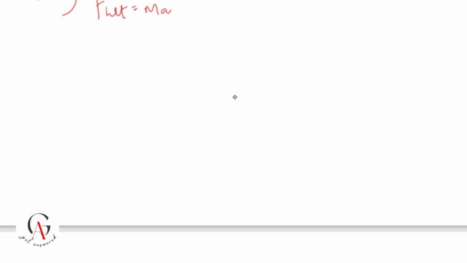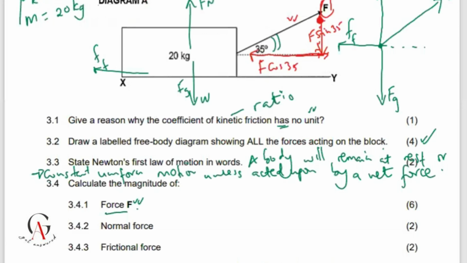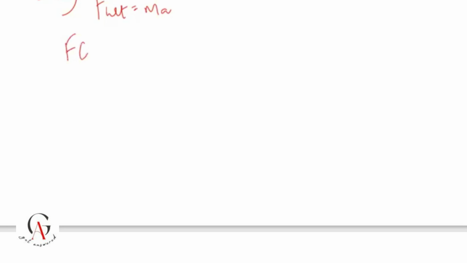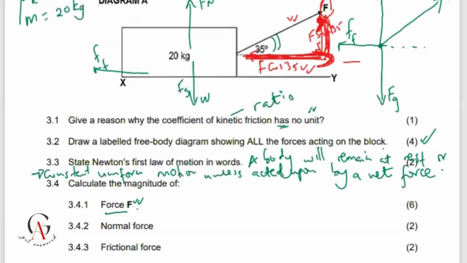Then if I focus on the horizontal forces, the direction is in this direction, not the other way around. This will be my leading applied force horizontally. So I'll have F cos 35 minus my frictional force, I'll call it Fk or Ff, should give me ma, because horizontally it's just this and then that.